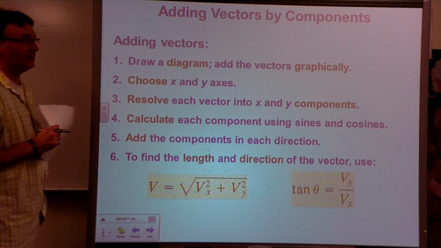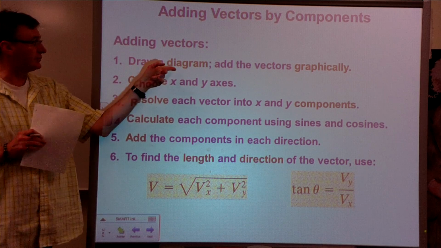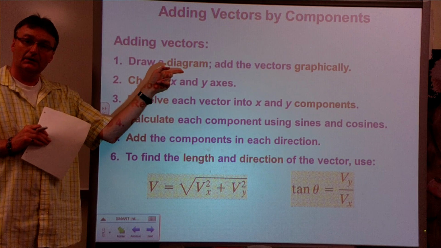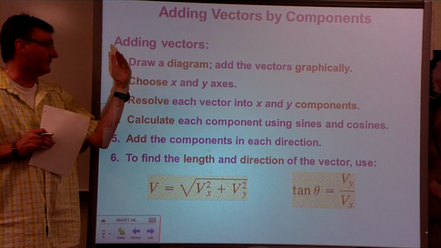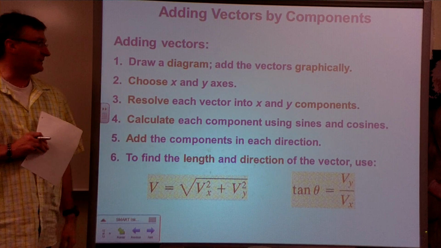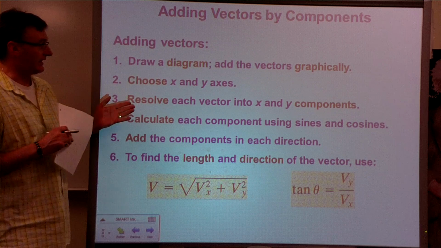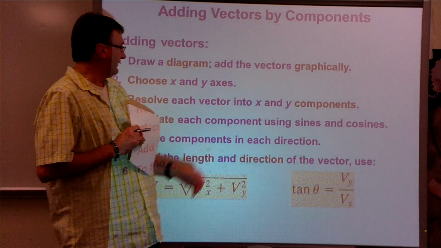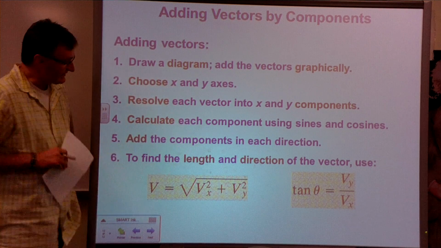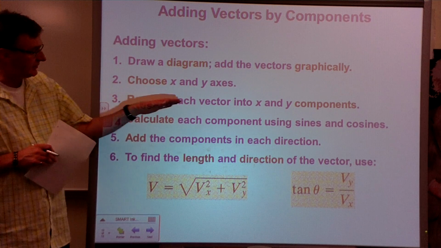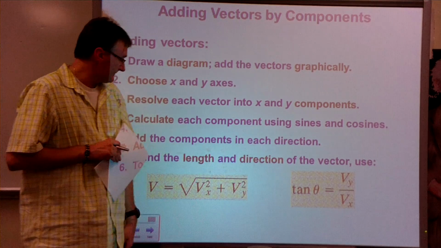So, adding vectors in summary: first of all, draw a diagram. Have you heard me say that before? Draw a diagram. Your diagram in any problem is absolutely crucial that you get it correct. So we add the vectors graphically. We choose our x and y axes, and then resolve each vector into its x and y components.